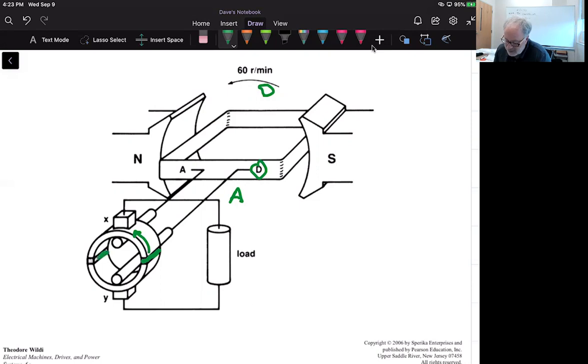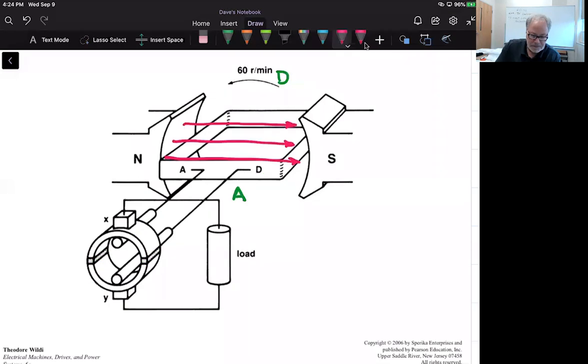And of course, this segment here, rotated 90 degrees, would be here, and it would be at this point here on brush Y. So as this thing rotated through its first 90 degrees, we reach a point to where the connection points are the two commutator segments. And at that point, we've gone to 0.